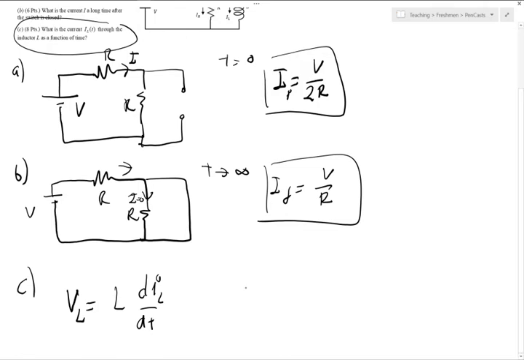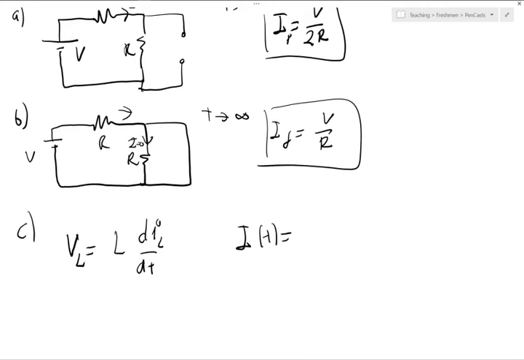So what kind of current do I expect? I expect the following. At t equals 0, I at t equals 0 should be V over 2R.